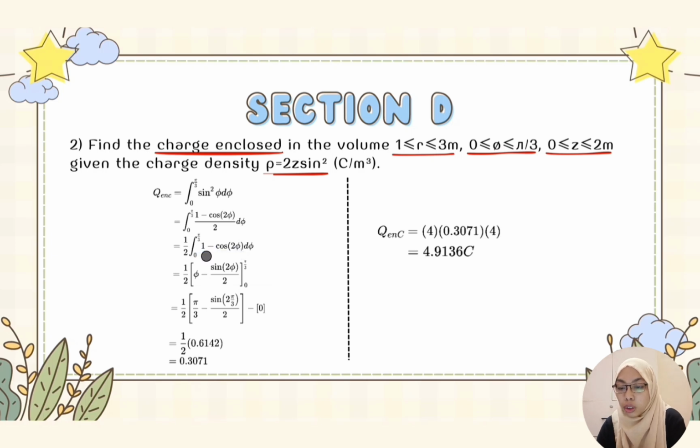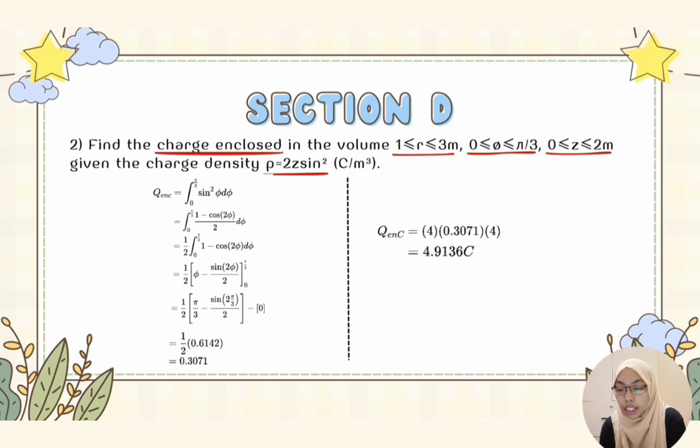And then we integrate 1 minus cos 2 phi d phi and we can get 1 over 2 times phi minus sine 2 phi over 2, and then insert the values into this one and you can get 1 over 2 times 0.6142.